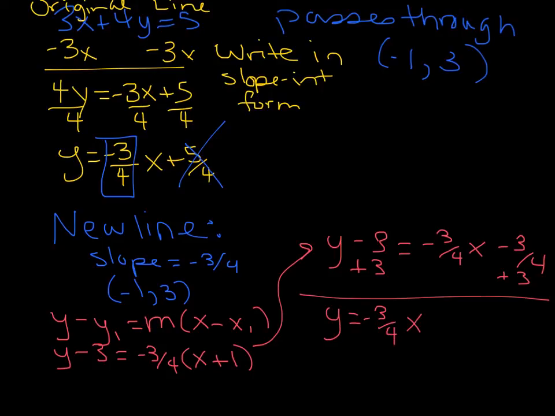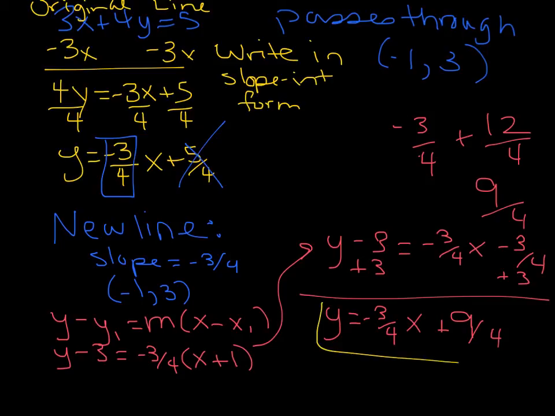And if you want to do 3 minus -3/4 off on the side, that's fine. It's 12/4, so you would get 9/4 there. Whatever works best for you with adding and subtracting doesn't matter to me. So this is actually my answer. I'm just going to leave it like this in slope-intercept form. It's okay that we have fractions. And that's it.